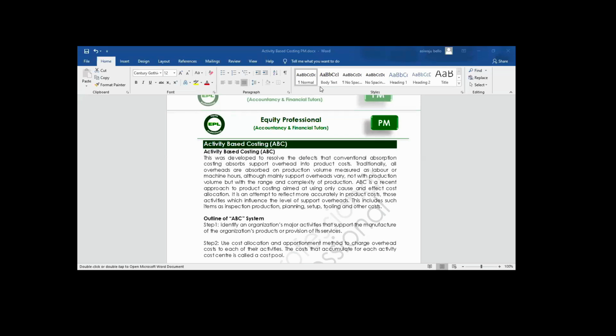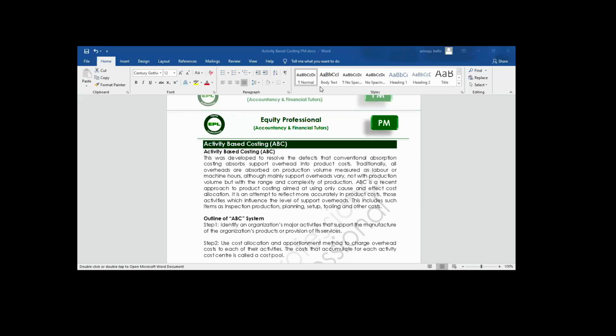It is believed that if activity-based costing is used, a company can determine appropriate product cost. One of the advantages of activity-based costing is that it enables a company to determine appropriate cost for their products.